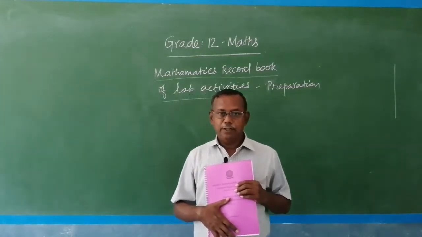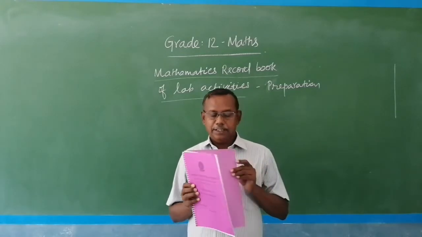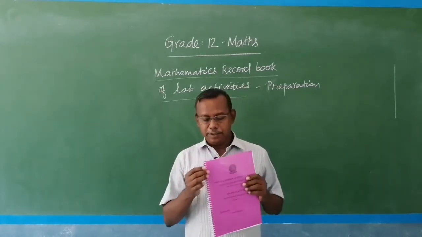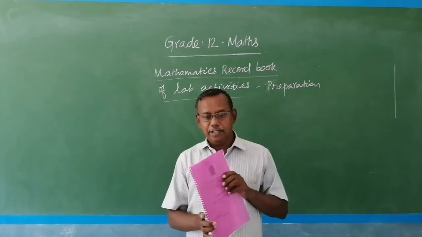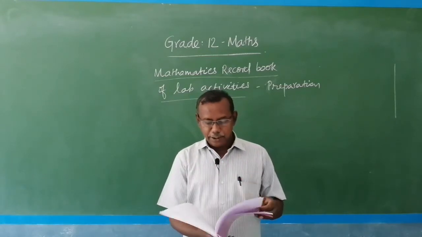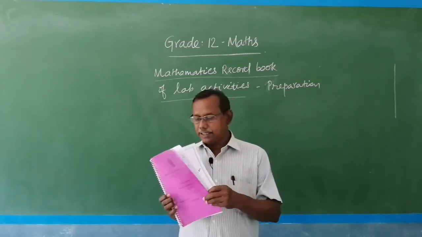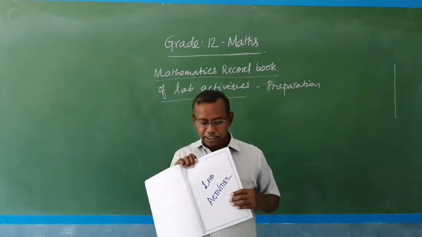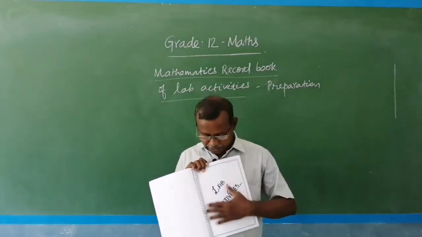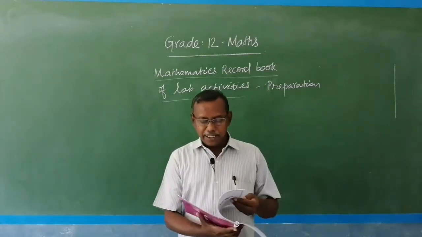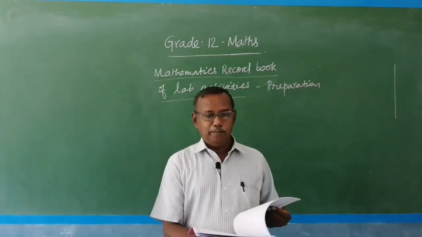Once again I tell you, using a wrapper and spiral binding you create this record. The first 4 pages are given to you as a Word document; the remaining part you write in your own handwriting, using black and blue pen only.